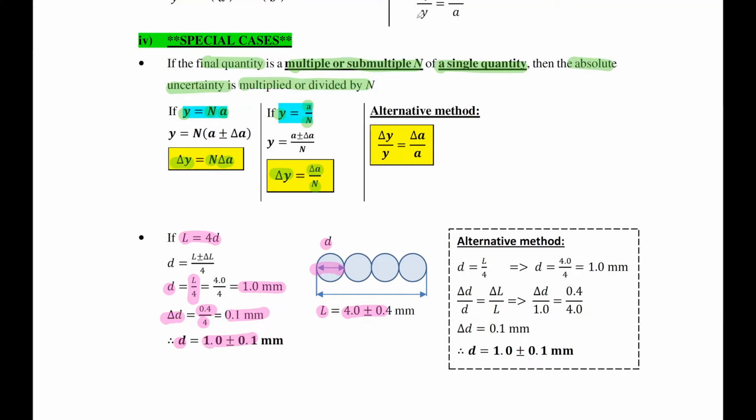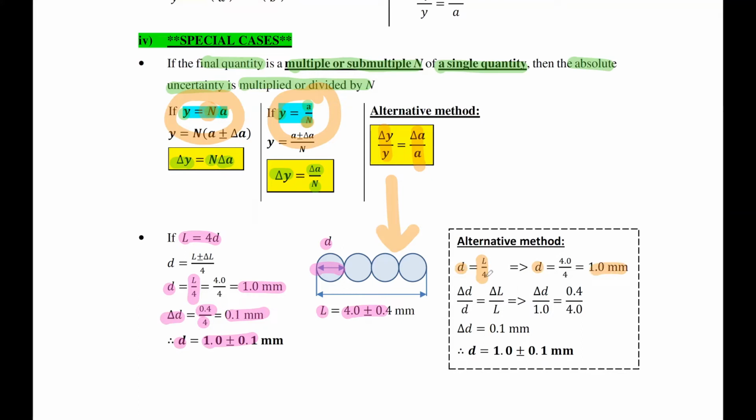There is another way to go about this. That is by ignoring the multiple n and the submultiple n. If y is equal to n times a, or y is equal to a divided by n, if we ignore the multiples and submultiples, we would say that the fractional uncertainty of y is equal to the fractional uncertainty of a. If we apply this to the example below here, D is equal to L over 4, giving us 1 millimeter as before.